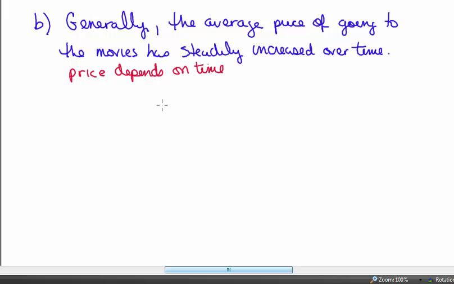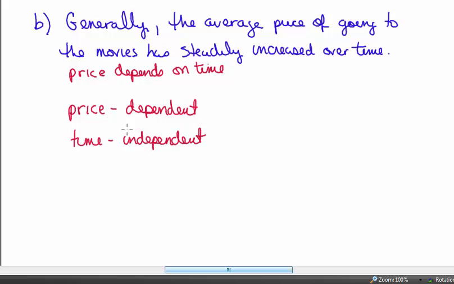So the price of movies in 1952 is different than the price of the movies in 1970, which is different than the price of the movies today. So price is the dependent and time is the independent.